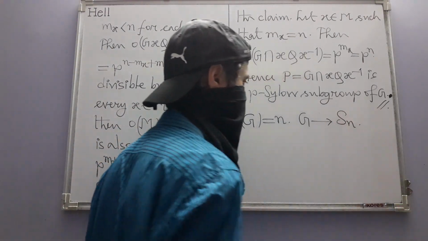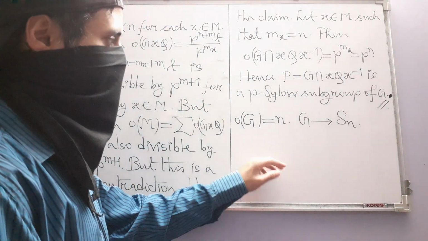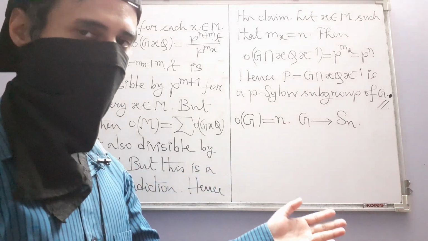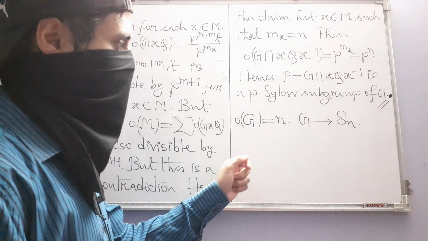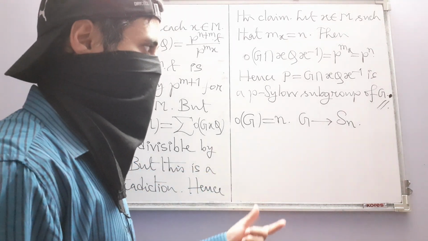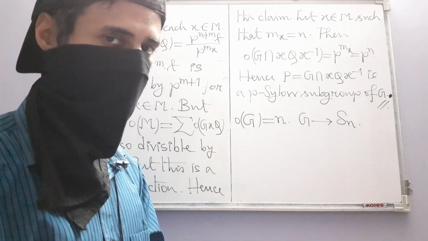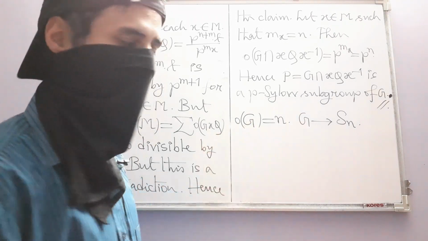If you go back to Cayley's theorem, you will see that in the proof of Cayley's theorem, if we are given any G, not necessarily finite, but in this case we have a finite G, the set of elements on which we are going to consider that group of permutations is taken as G itself.